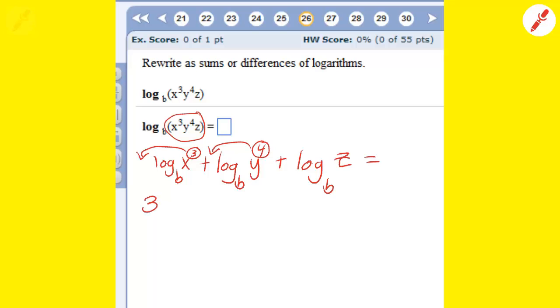So I'll have 3 log base b of x plus 4 log base b of y plus log base b of z. One step at a time, this stuff is not so bad.